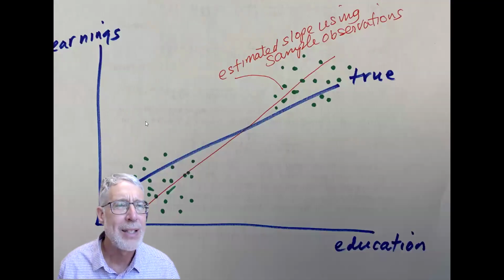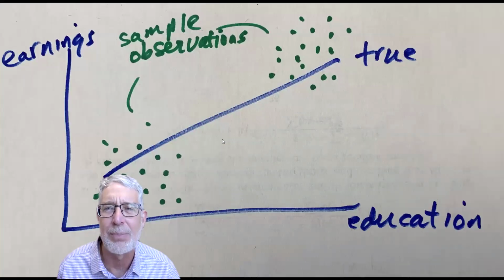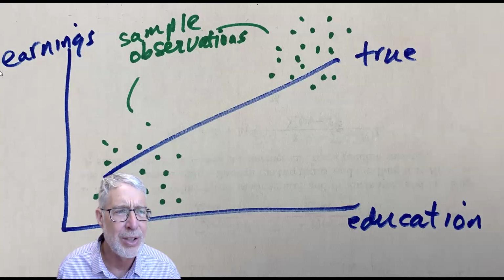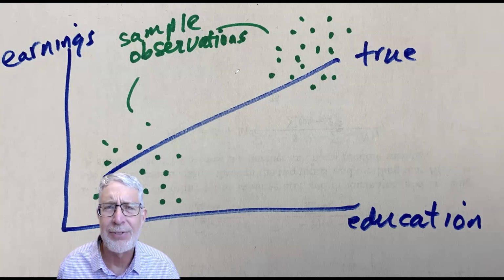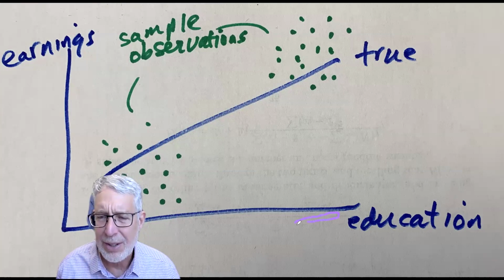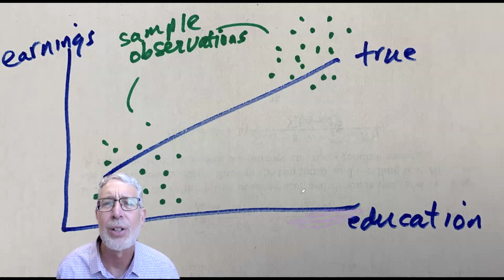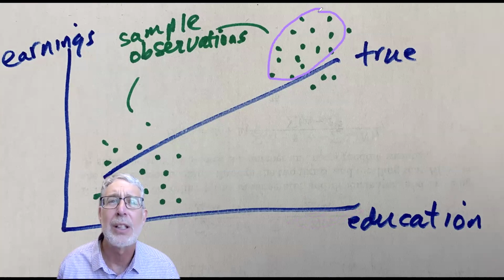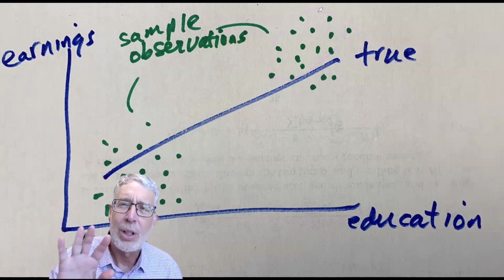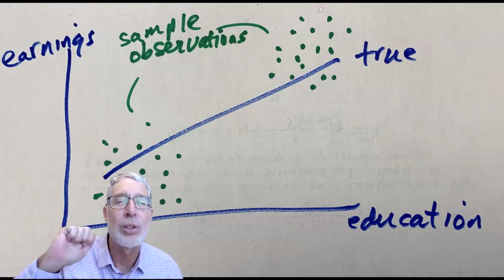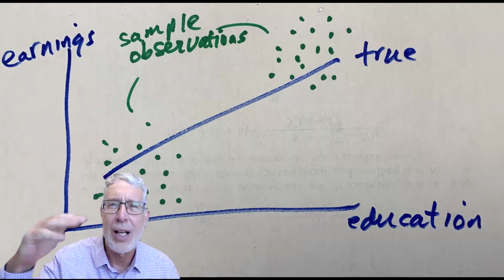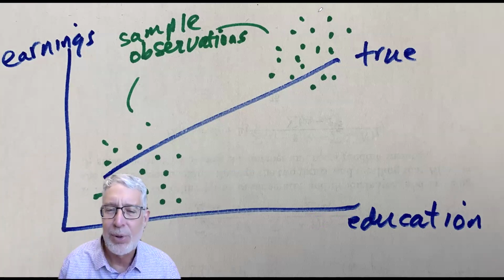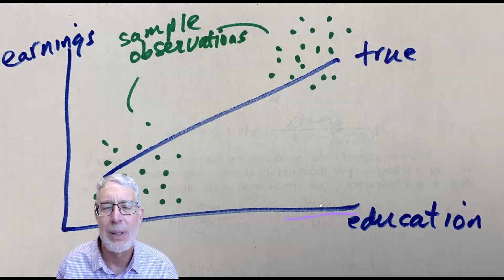Then we ask, what's the likely distribution of errors? If people who have high levels of education also have high ability, then their earnings are likely to be higher than warranted by their level of education, because they also have high ability. So the errors are likely to be positive for high education people.